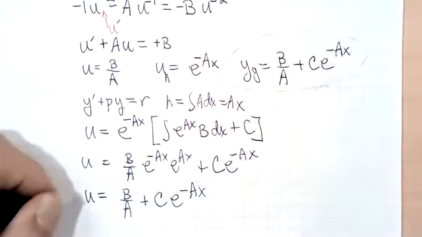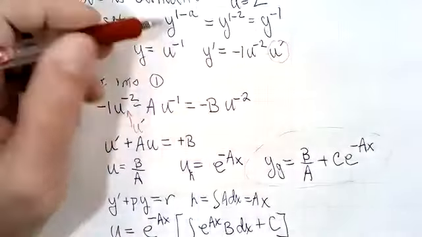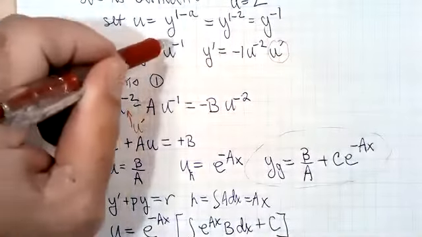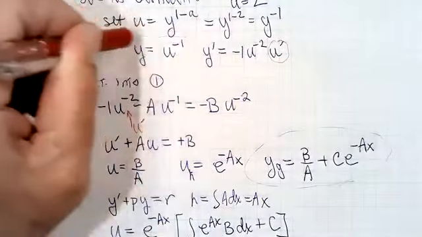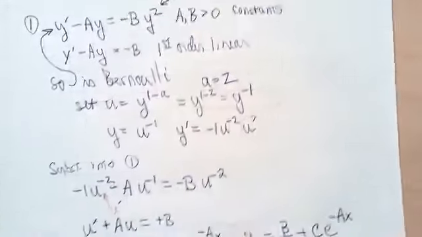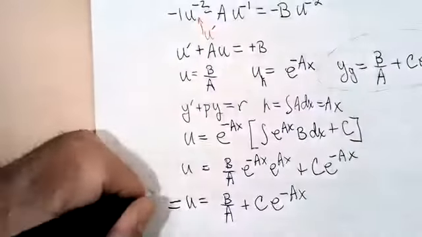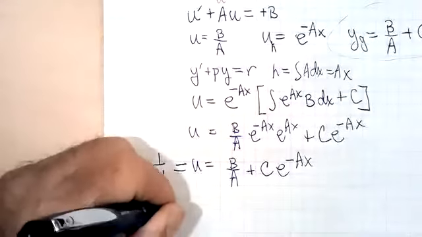Okay, but u, remember, u is something. We got that from a substitution. U is right here. U is equal to 1 over y. So you just take the reciprocal and you've got the solution.